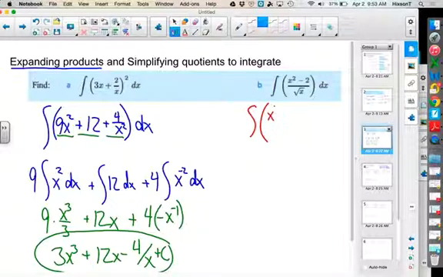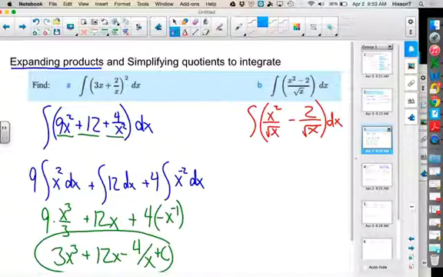We're going to deal with x squared over the square root of x minus 2 over the square root of x. We split it up into two fractions with that common denominator.